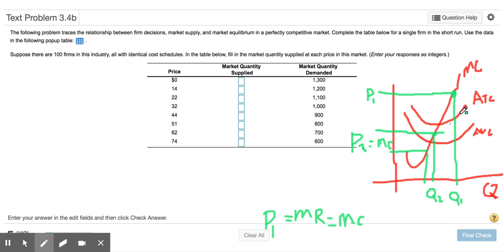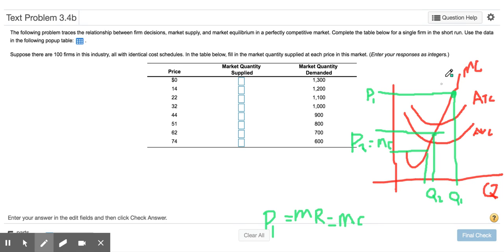If it's above, this company should produce in the short run and the long run. If it's below, it should still produce to minimize losses. But it shouldn't produce at all if the price goes below this level. So we need to see whether the price is above or below average variable cost to determine whether the company should produce at all.